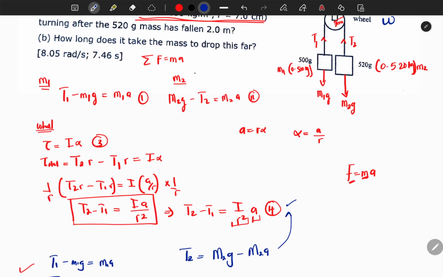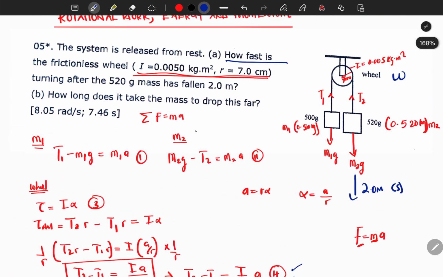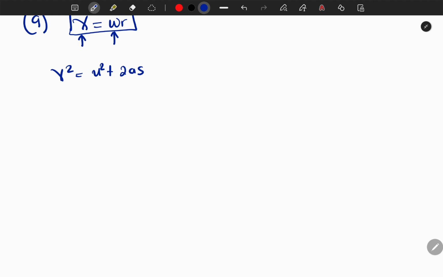Remember, this friend of ours has fallen 2 meters below. That is the height or distance s. Recall, it was coming from rest, so the initial velocity is 0. That means even the initial angular velocity is also 0 from rest. So putting them together, I'll end up having v squared is equal to 2as, because u is 0.